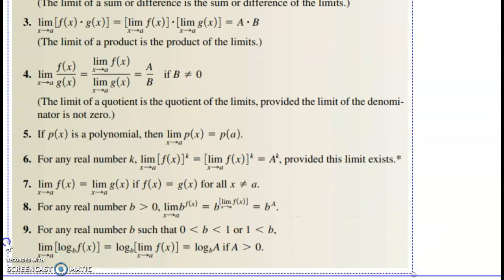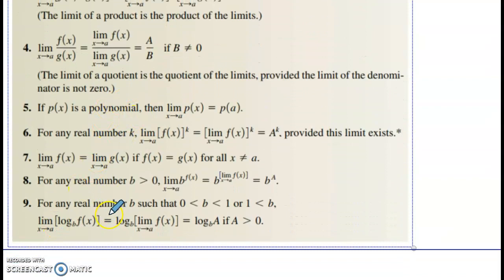But for a polynomial function, if you want the limit as x approaches a of a polynomial, just stick a in. If you want the limit as x approaches a of a function to a power, you can take the limit first, then take it to the power. If the limit as x approaches a of f of x equals the limit as x approaches a of g of x, that means those functions must be equal.